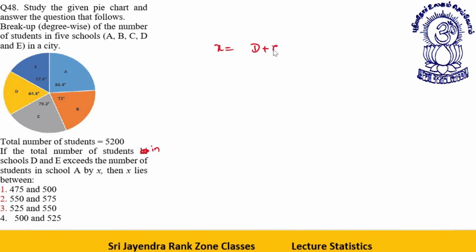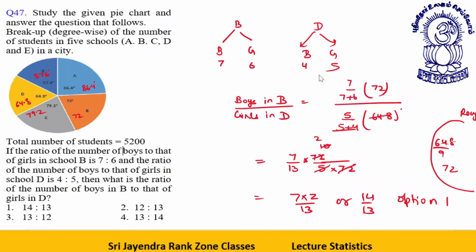X is D plus E minus A. First of all, X in degrees. D plus E is like 64.8 in D and 57.6 in E. If you are not able to read it, this is 64.8 and 57.6 in D and E.